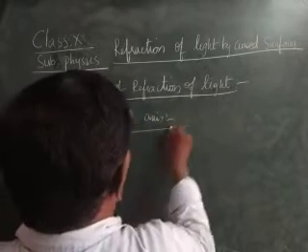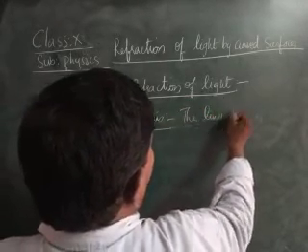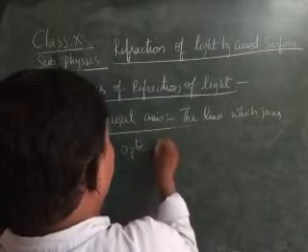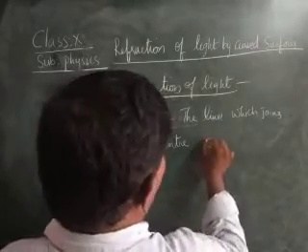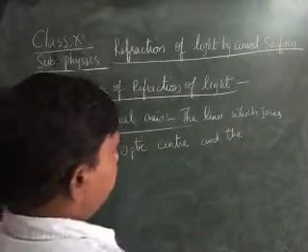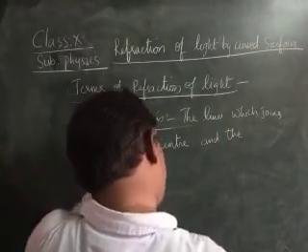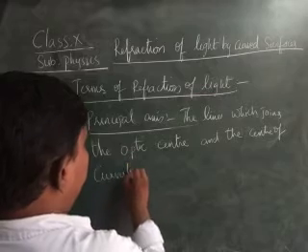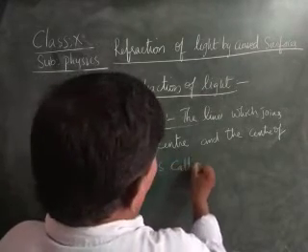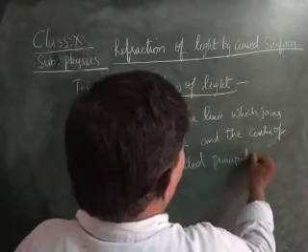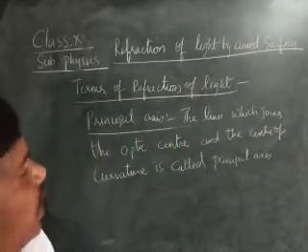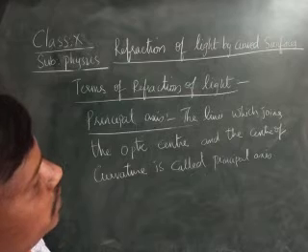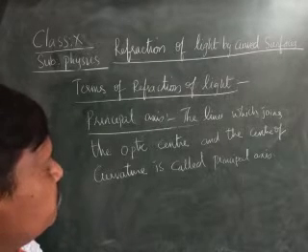What do you mean by principal axis? The line which joins the optic center and the center of curvature is called the principal axis. Normally we don't denote the principal axis with any letter. Okay, children, this is about the principal axis.